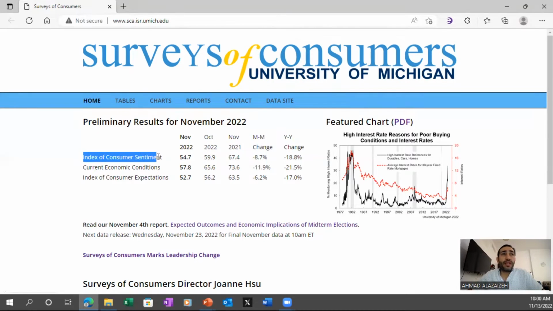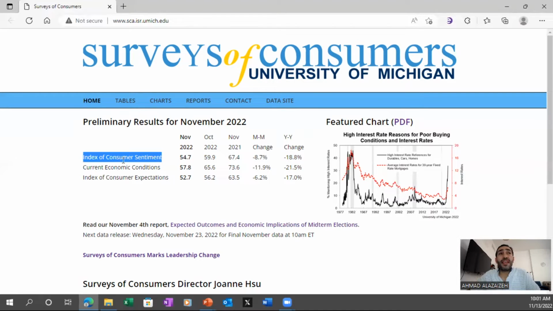If I go to the index, I can see a change of minus 8.7% on a monthly basis and 18.8 on a yearly basis. So what does this mean? When the change goes negative, that means the condition is worsening and not good.